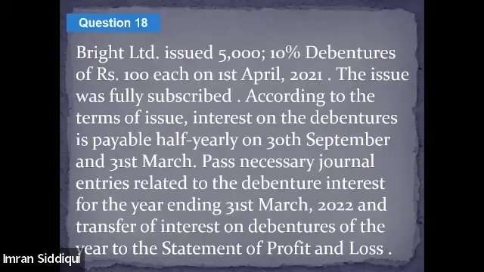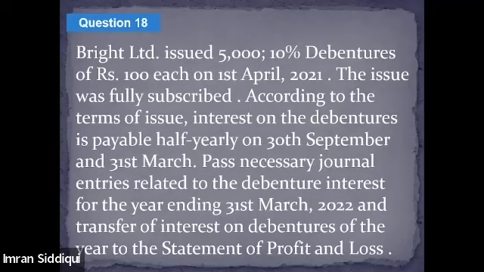Done, sir. Okay, tell me the entries, Prerna. Interest on debenture account debit to debenture holder account 25,000. Debenture holder account debit to bank account 25,000.